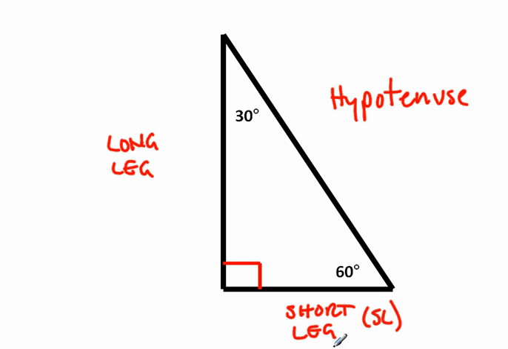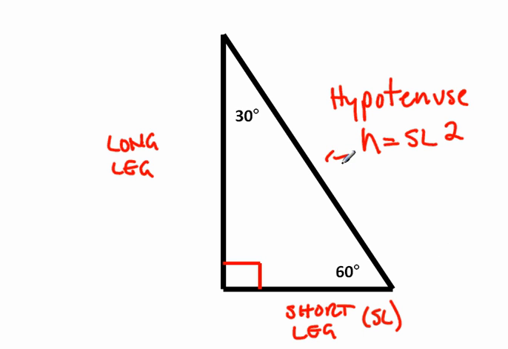And what we spent some time doing is we talked about the relationship from the short leg to the hypotenuse. And we learned that the hypotenuse is equal to the short leg times 2.